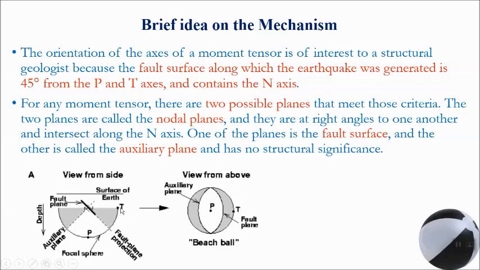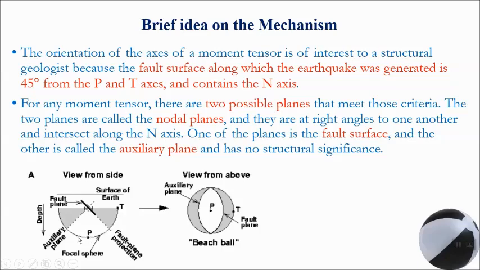fault plane and the P and T axis into the bottom hemisphere, suppose we are projecting this to the bottom hemisphere, the projection will have a central white region at the center of which we will get this P axis, and on both sides we will have these gray regions, and we will have the T axis at one edge.